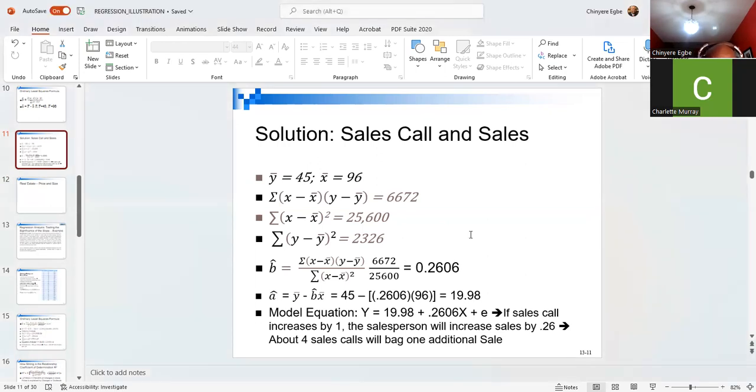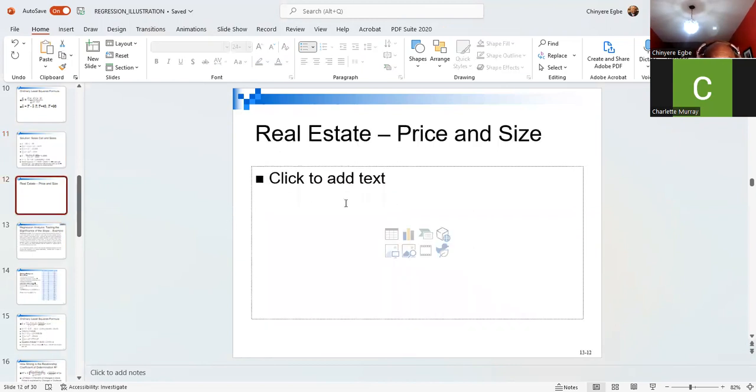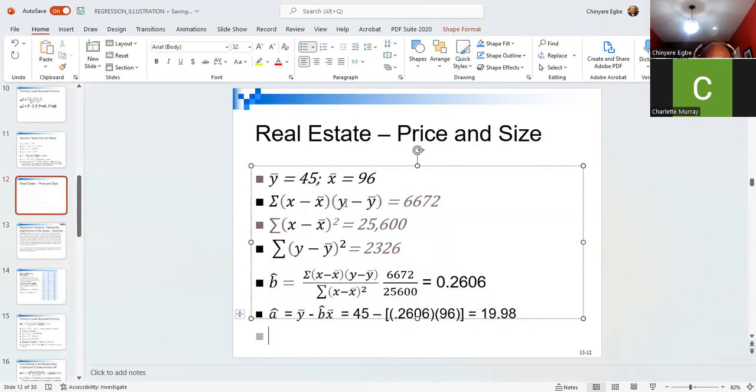All right, so I'm just going to make things easy for myself, then change the values.